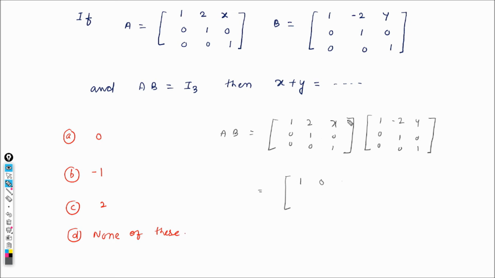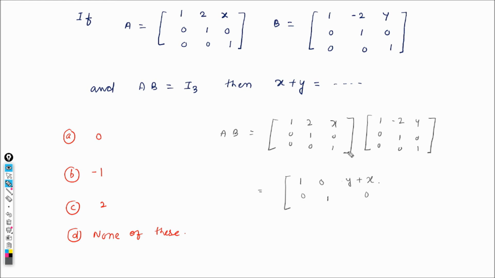Then first row, third column: 1 into y, 2 into 0 means 0, so this will be 0. Second row, first column: that is 0, 1, 0. That means it will be 1, 0, 0, 0.